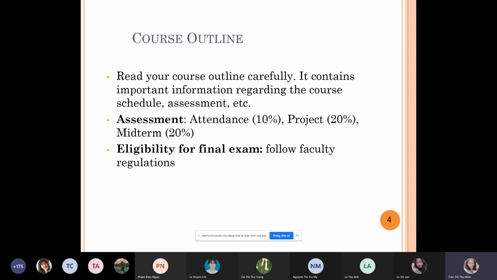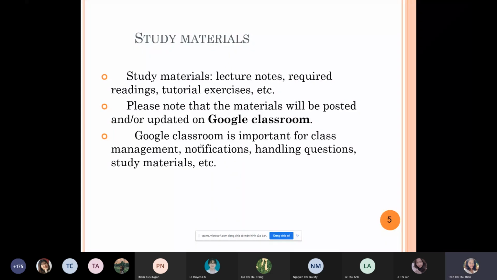Okay, and the project is 20% for the tutorials class. The lecturers will divide all of you into small groups, and you can make the project together. And midterm 20%. So all of the knowledge of this lecture is what I just told you before, right? You can follow some posts in the Google Classroom to get the information for this course.